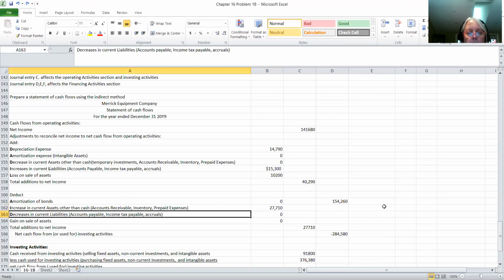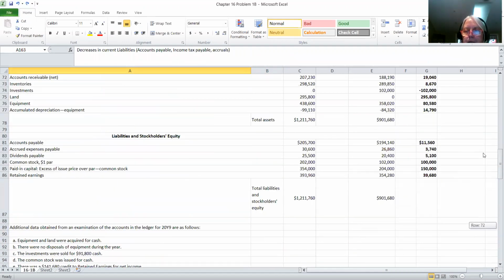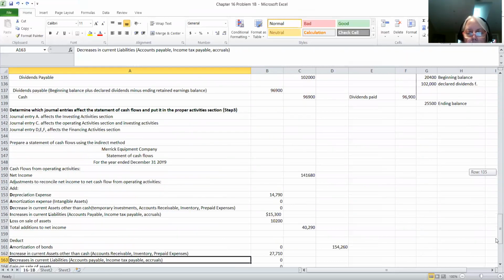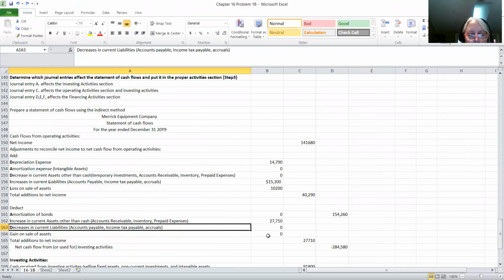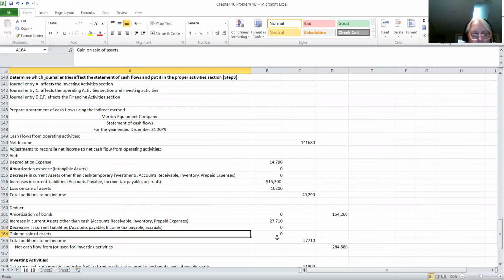I'm going to look to see if there were any decreases in current liabilities. Our current liabilities were just increases. So there are no decreases there. That's why there's a zero there. And there were no gains on sale of assets.